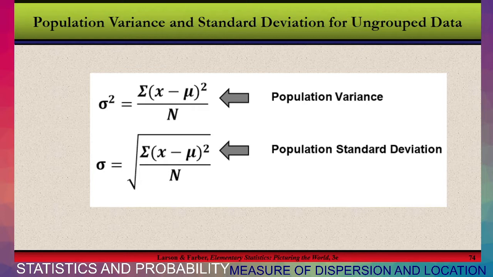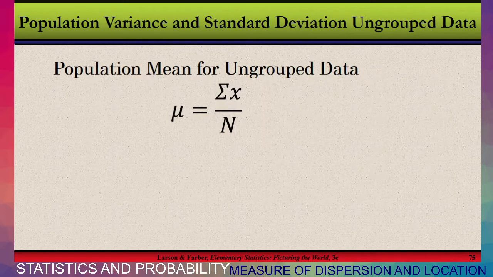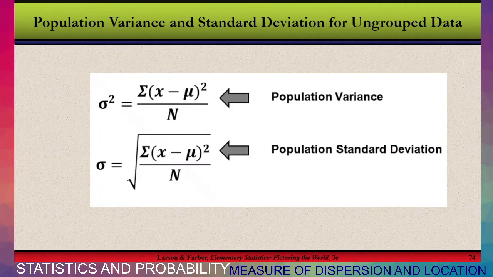standard deviation. So, before we compute the population variance and standard deviation, huwag natin kakalimutan na kailangan nating i-compute muna si mean. Ginagamit lang natin dito sa population variance and standard deviation for ungrouped data si population mean. Population mean for ungrouped pala.